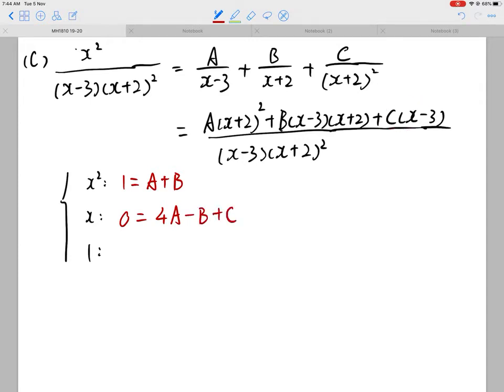Okay. And the constant: the left doesn't have any constant. The right, here it's 4a. Here it's going to be negative 6b. Here it's negative 3c. Okay.